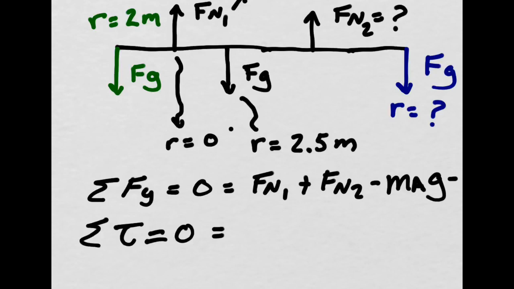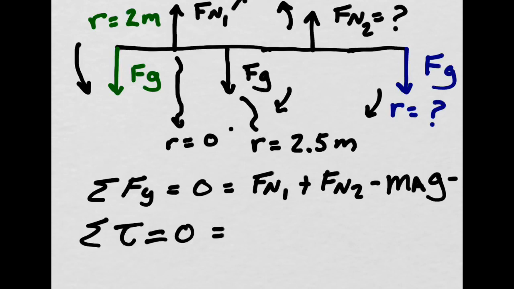The green torque is going to cause a clockwise movement, whereas everything else will cause a counterclockwise movement. This one will cause it to go this way. This one will cause it to go this way. But Fn2 will cause it to go clockwise. So torques for Fn2 and the green need to be considered positive, whereas Fg that's in blue and the gravitational force of the beam itself cause negative torques.